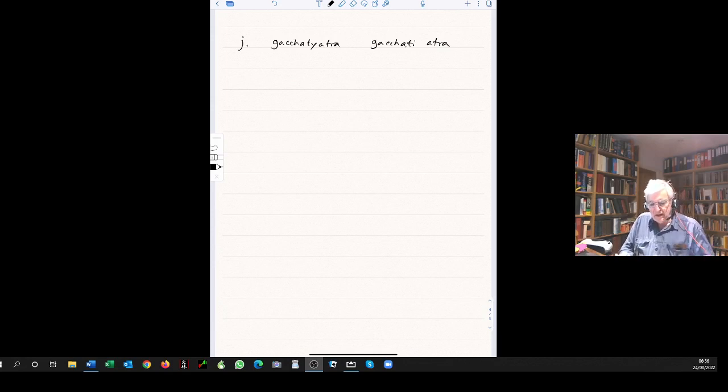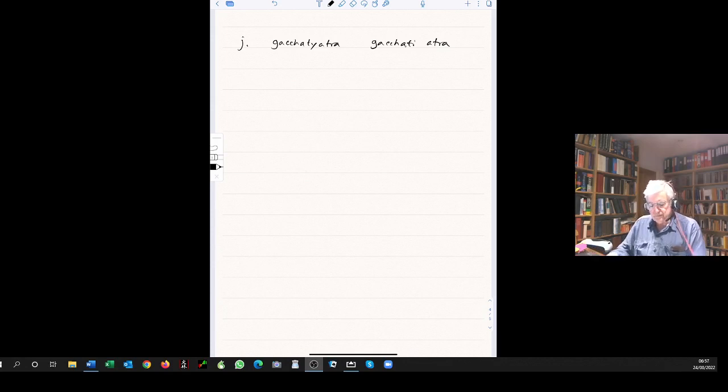Now, for exercise 5, you're invited to do an exercise in transliteration and writing. Cover up the Roman, transliterate each sentence, then cover the Devanagari and write in Devanagari, then take out any sandhi.